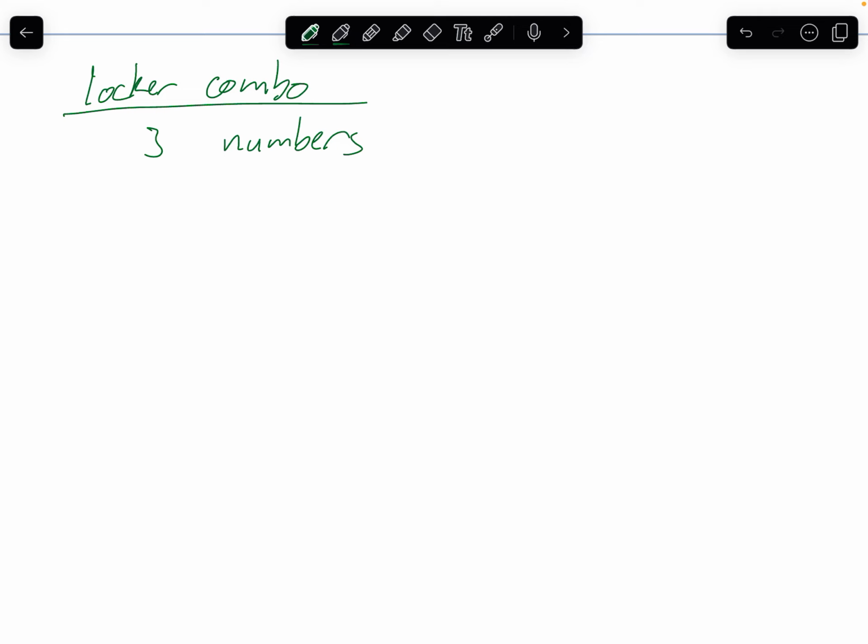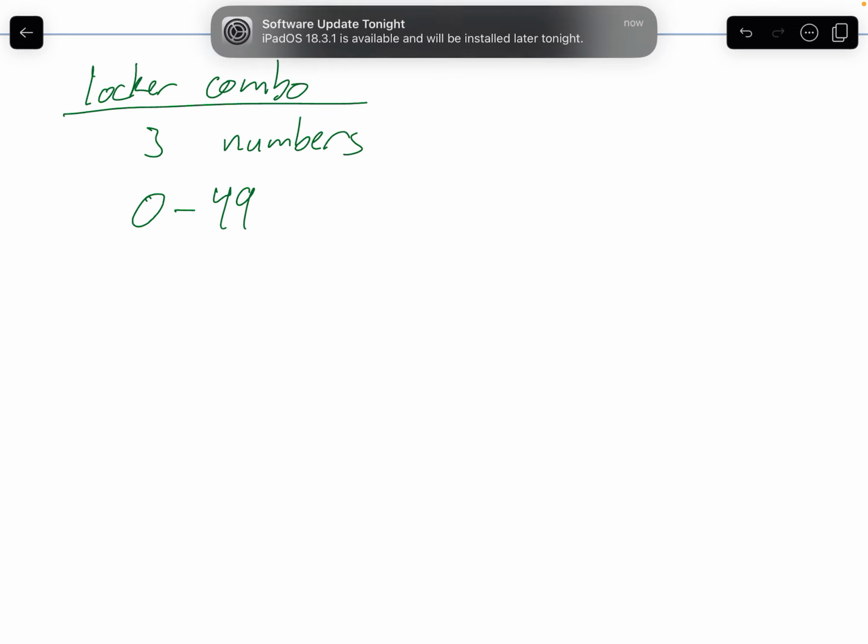So on your lockers, you go all the way from 0 to 50. Okay. Actually, I think it's 0 to 49. What a lot of students try to do is do 50 times 3, and that is not the option here.